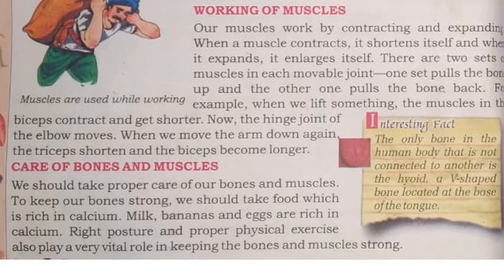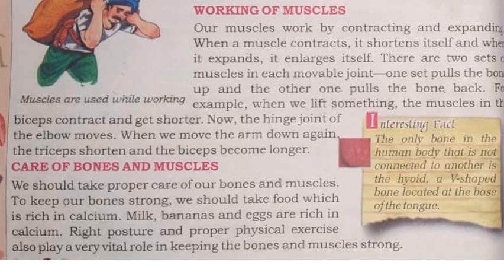Our muscles work by contracting and expanding. When a muscle contracts, it shortens itself, and when it expands, it enlarges itself. There are two sets of muscles in each movable joint.